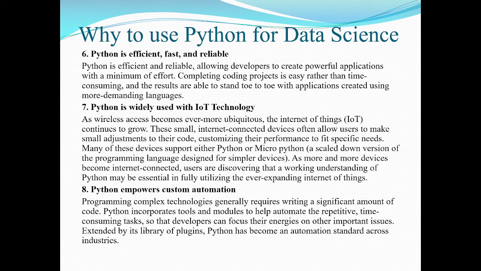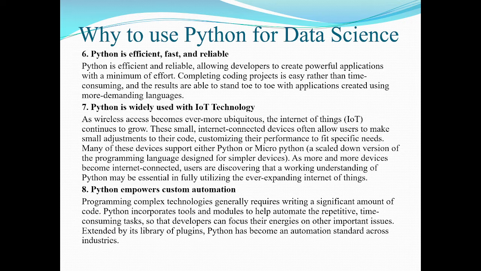And moving to the seventh characteristic, Python is widely used with IoT technology, that is Internet of Things. As we all know, nowadays small internet connected devices often allow users to make small adjustments to their code, customizing their performance to fit specific needs.